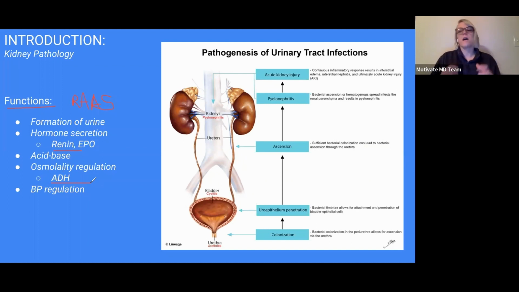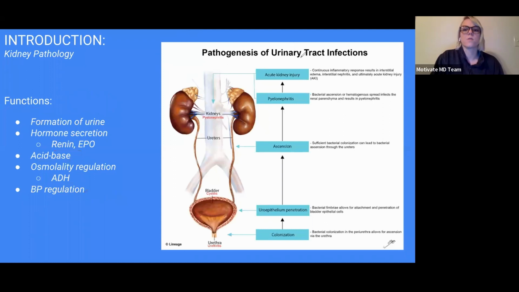So when we're volume down, antidiuretic hormone is secreted, which causes the body to really retain water to bring up blood pressure. And then all of that kind of is involved in blood pressure regulation. And then we know that also there's kind of that acid-base balance component as well through secretion of hydrogen ions and resorption of bicarb.